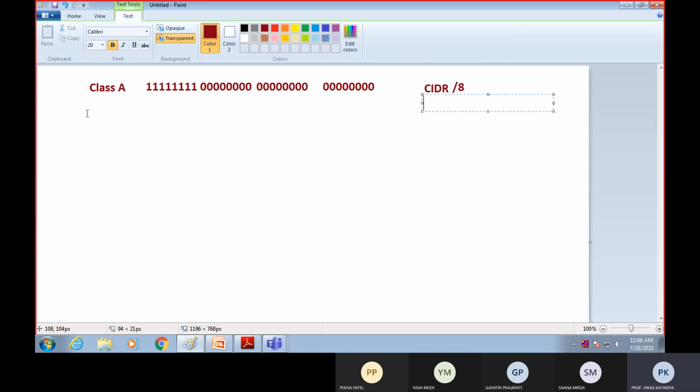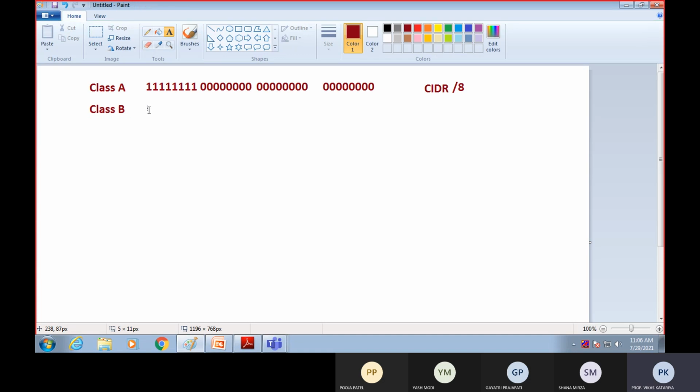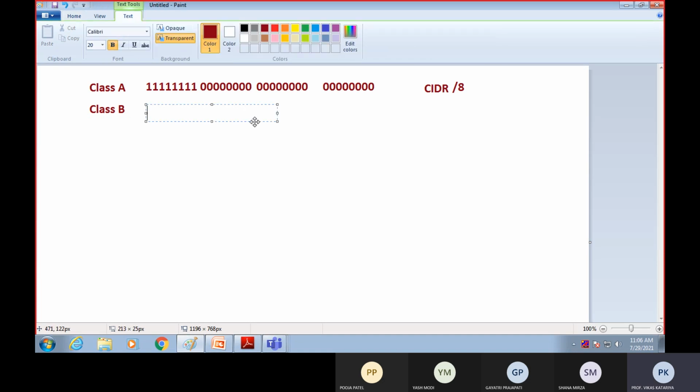Similarly, for class B IP addresses, we know that there is a 14 bit network part. This is the second octet: 1, 2, 3, 4, 5, 6, 7, 8.